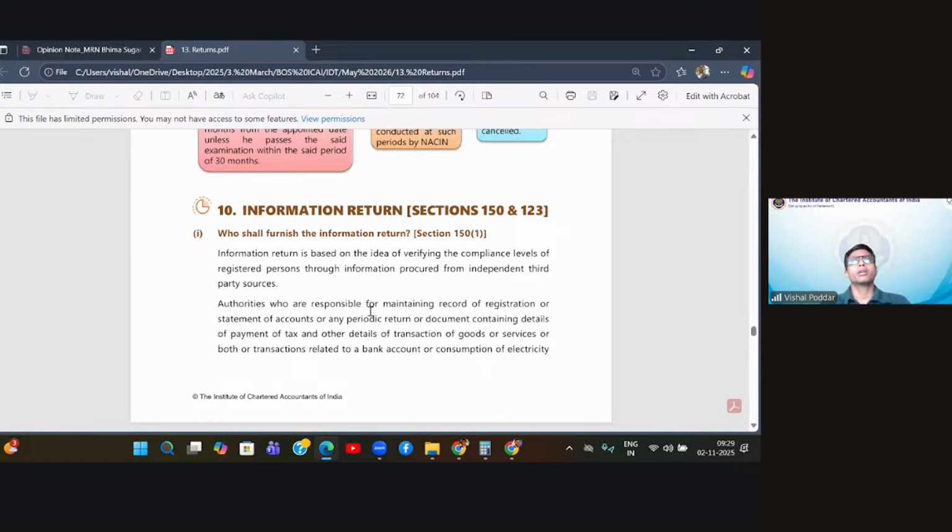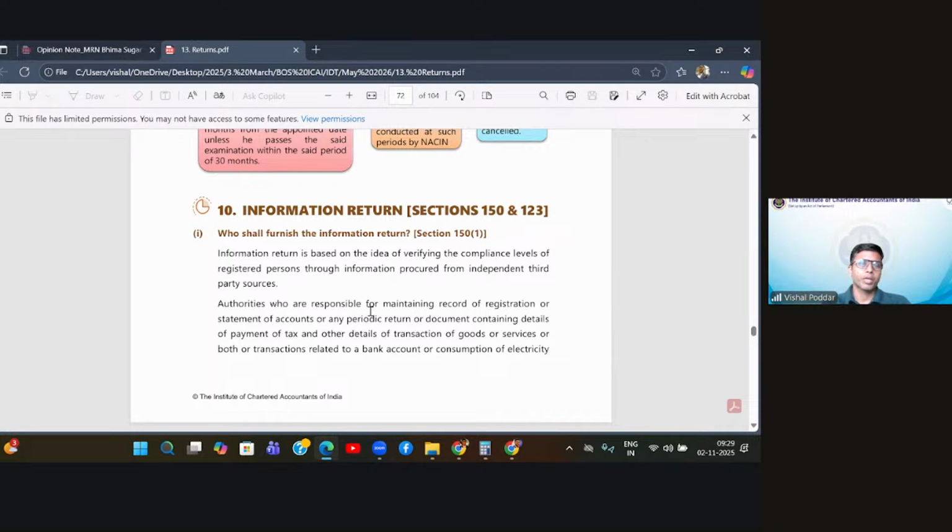Now, when a self-assessment mechanism is provided, there also is required a scrutiny mechanism. Generally the original mechanism was you file your returns, any return, sales tax, not GST earlier, income tax, service tax, excise, and later on, the department will come to scrutinize either by way of audit or by way of assessment, whatever.